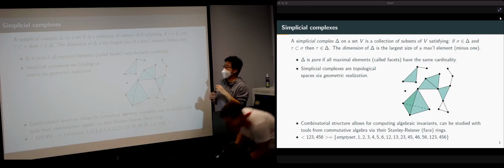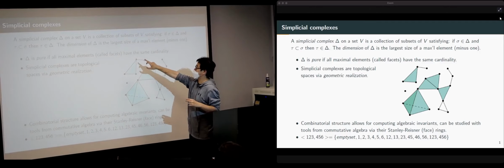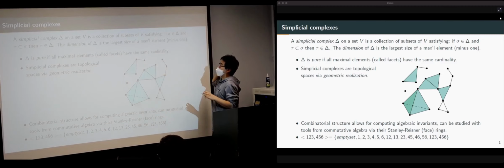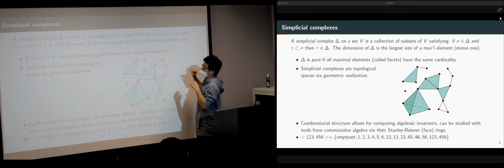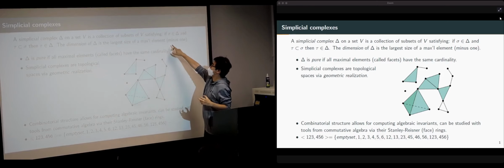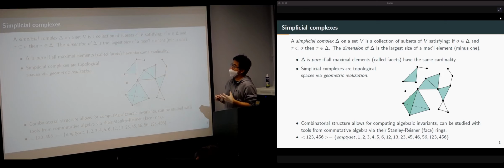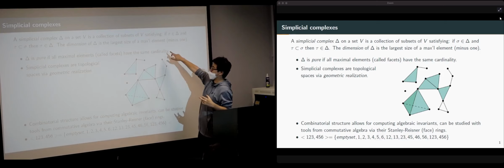Then we call the inclusion-wise maximal elements the facets. And the dimension of the complex is going to be the largest size of the maximal element minus 1. Moreover, we say that the simplicial complex is pure if all the facets have the same cardinality.